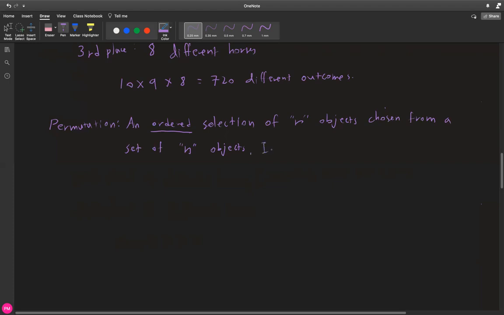And in the special case where R equals N, all objects are selected.